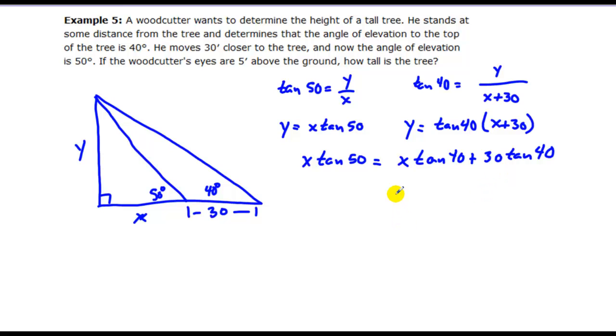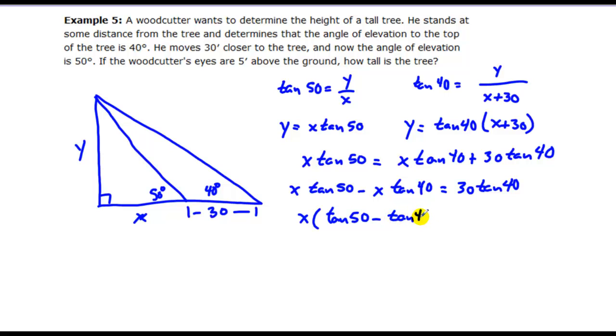I'm going to bring all the x's to one side of the equation. So x tan 50 minus x tan 40 equals 30 tan 40. Factor out an x. Get tan 50 minus tan 40. Set that equal to 30 tan 40.